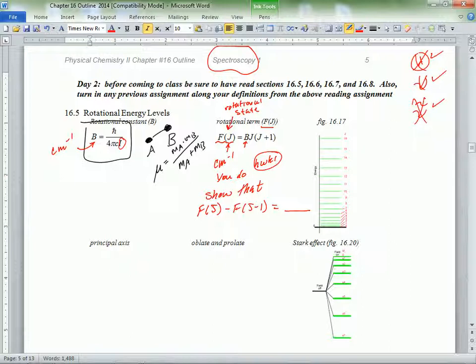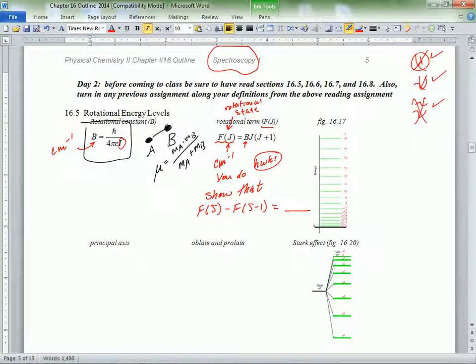All you do for f of j, plug in bj times j plus 1, right? F of j minus 1, plug in b times j minus 1 times, wherever there's a j, you have to put in j minus 1.